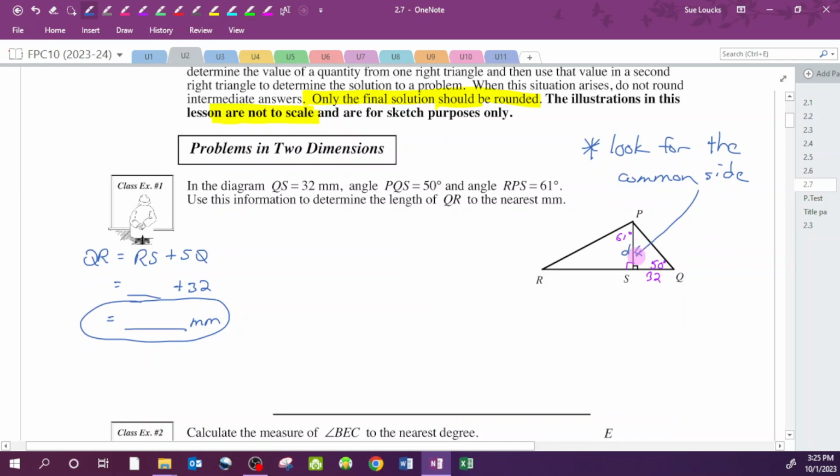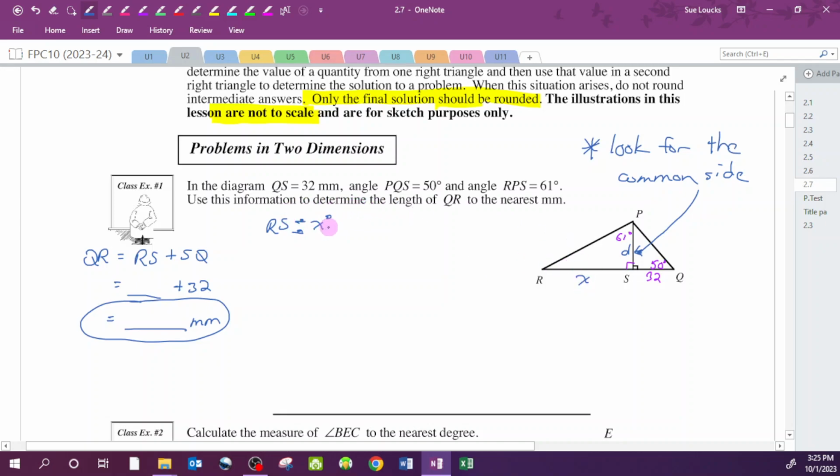That's that D right there. That's the connector. And I'm going to label RS as X. I'm going to call that X right there.